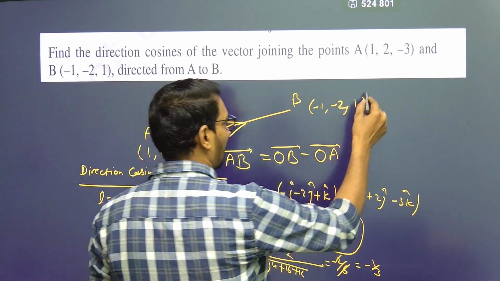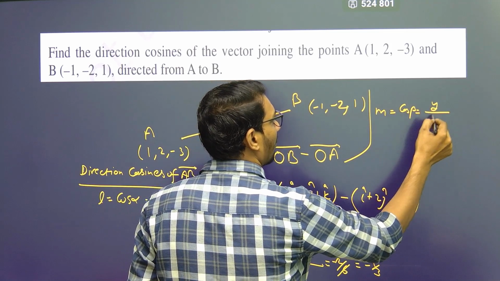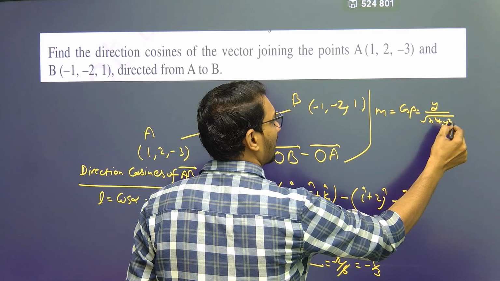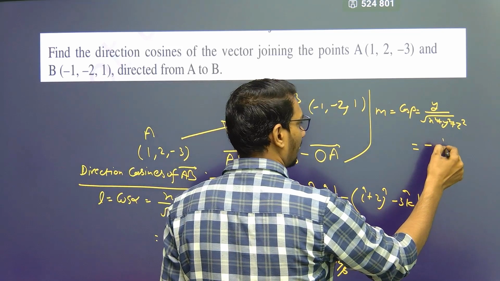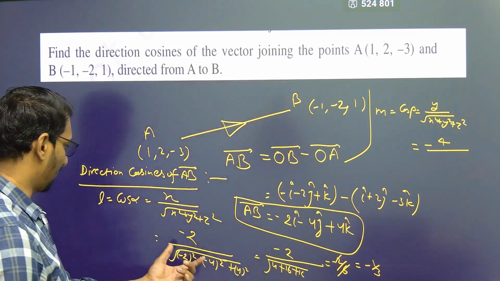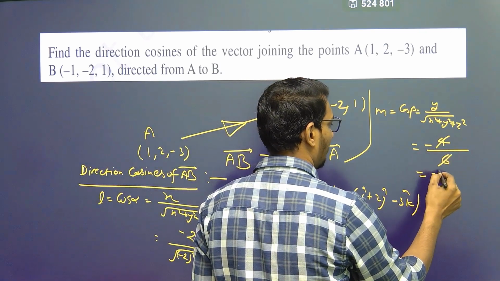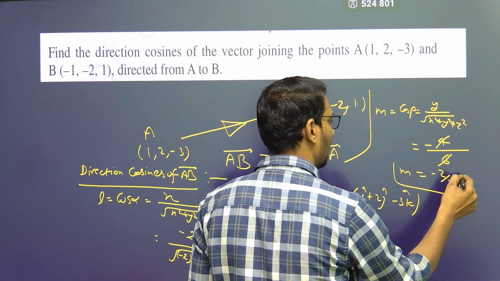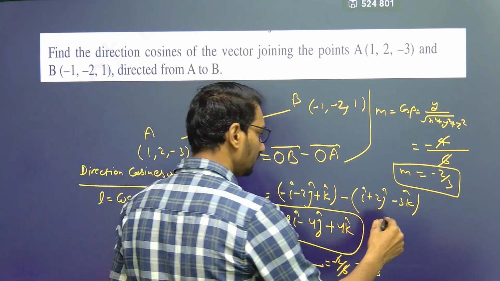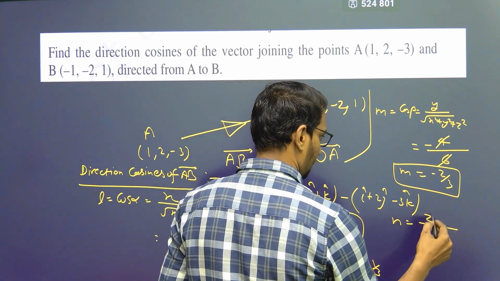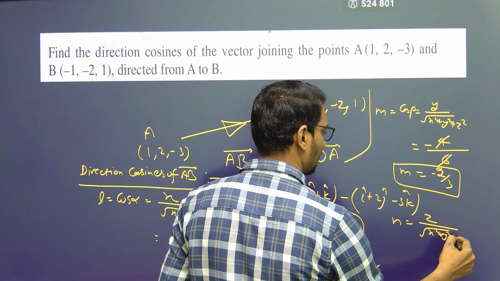In the same manner, we can get m. m is nothing but cos beta, and this is y upon square root of x square plus y square plus z square. So the value of y is minus 4 and square root of x square plus y square plus z square is nothing but 6. So this is minus 2 by 3. So m equal to minus 2 by 3. In the same manner, we can get n. n is z upon square root of x square plus y square plus z square.